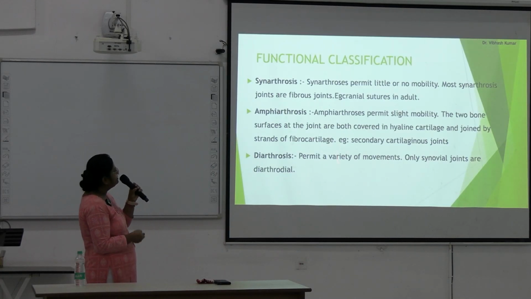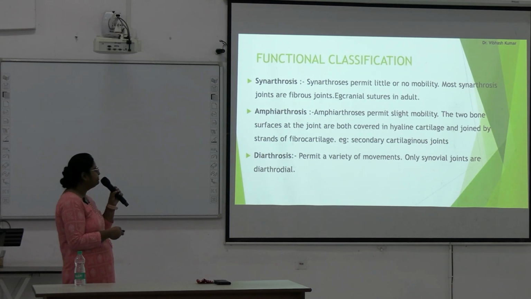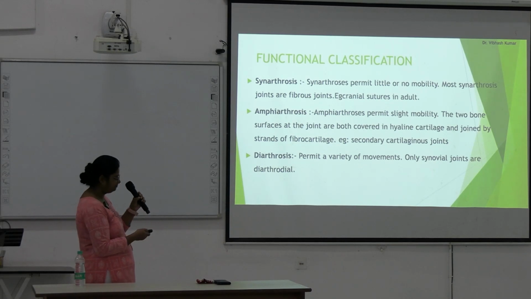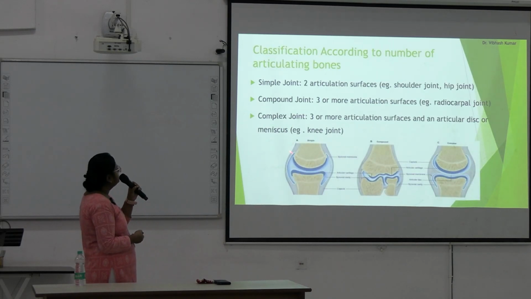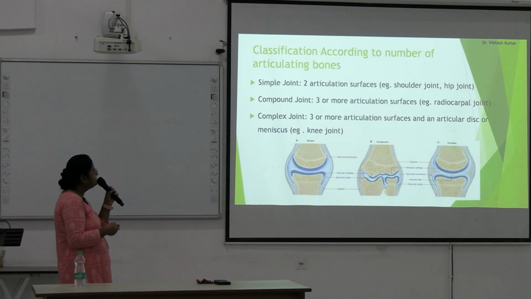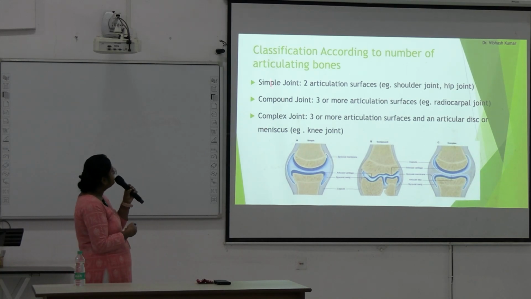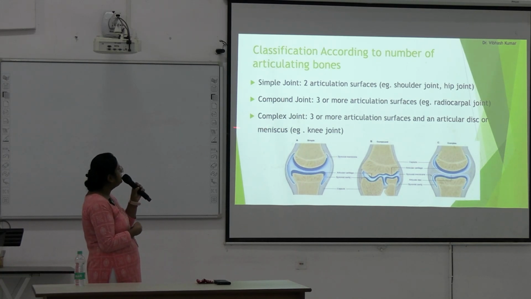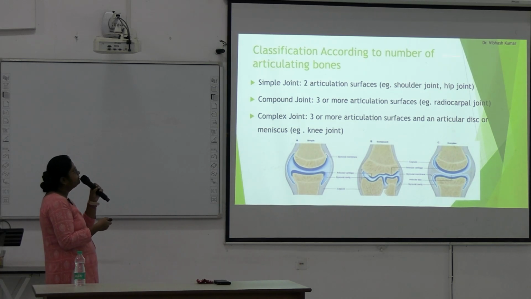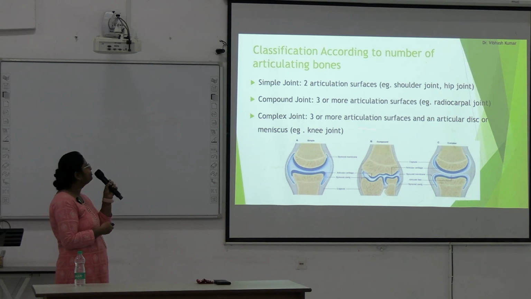This functional classification you have read previously: synarthrosis, amphiarthrosis, diarthrosis, and synovial joints are diarthroidal type of joints. This classification also you have read. Synovial joints are mainly simple, compound and complex according to the number of articulating bones.